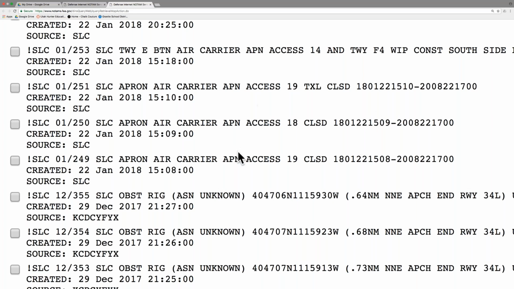Now let's break down this timestamp. They use a military style timestamp here. The 18, anybody have an idea what that is? Year. Okay. The month. The date. And this is the time in Zulu, that universal time.